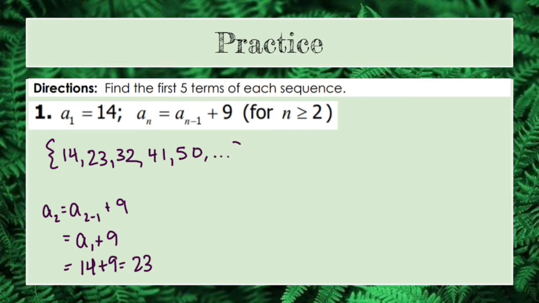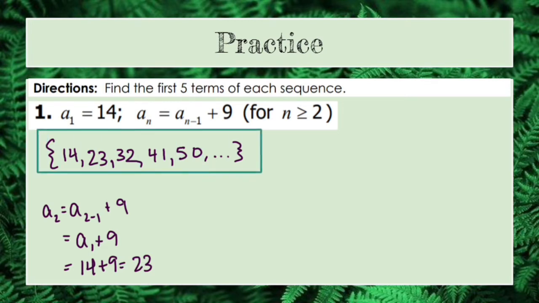And then the sequence goes on forever because it doesn't say that it ends. And then that is your answer. This is the first 5 terms of the sequence. And numbers 2 through 4 are just like that.